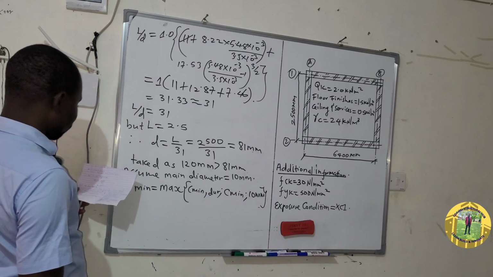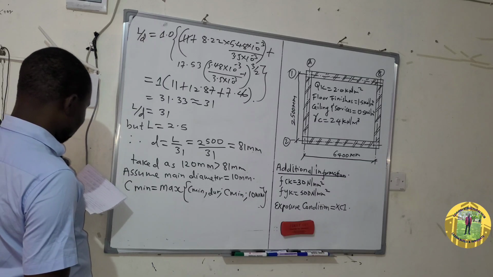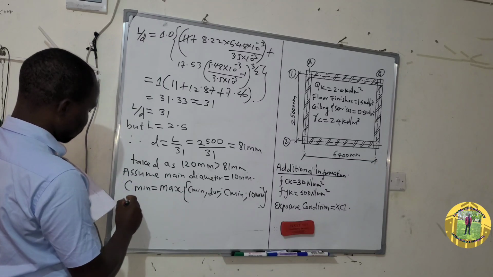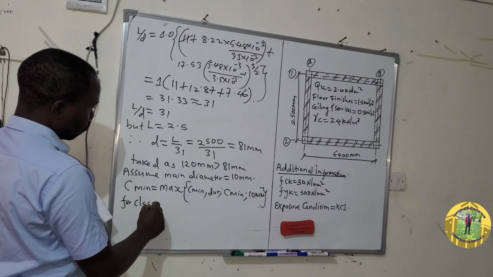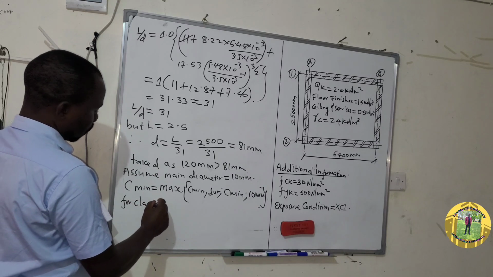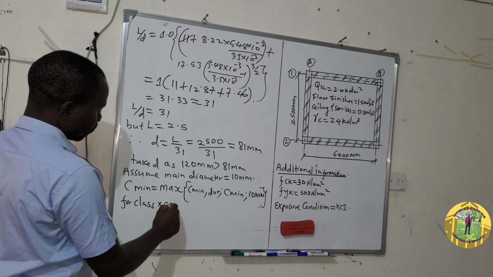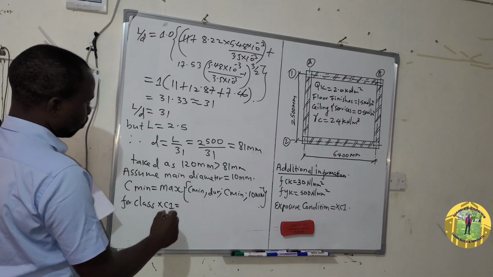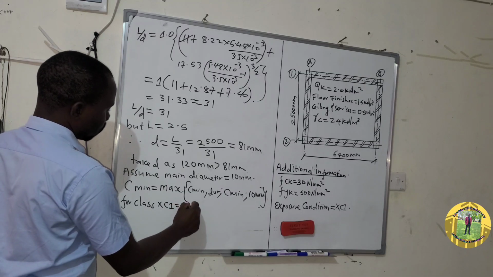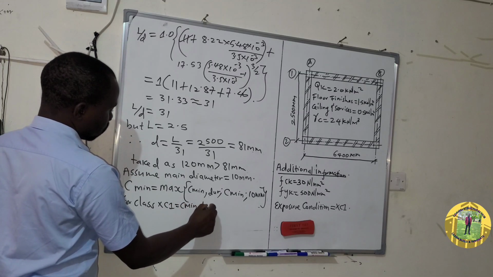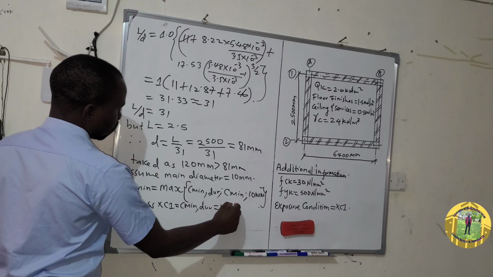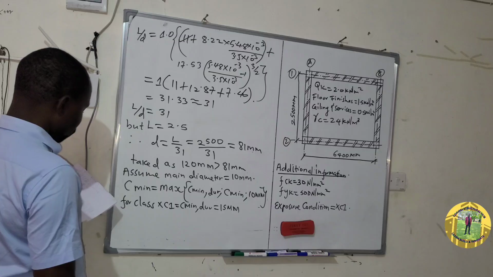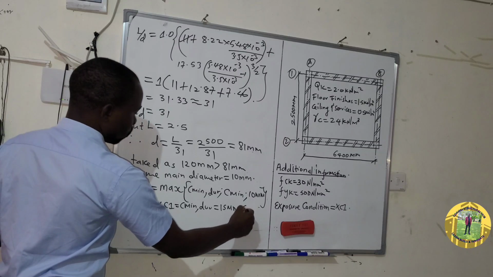So for class XC1, C minimum durability is equal to 15 millimeters.